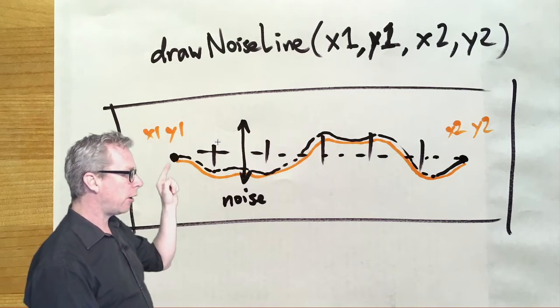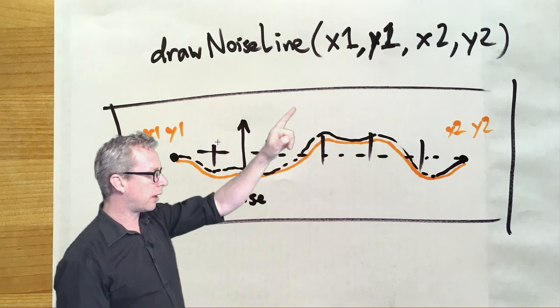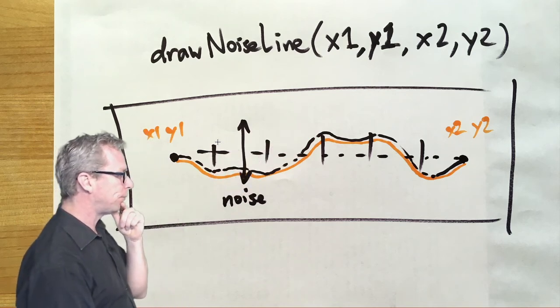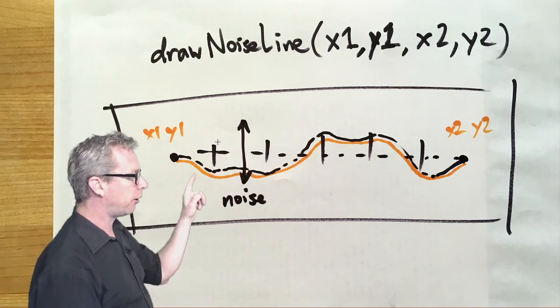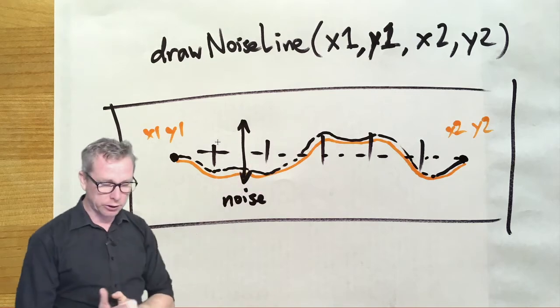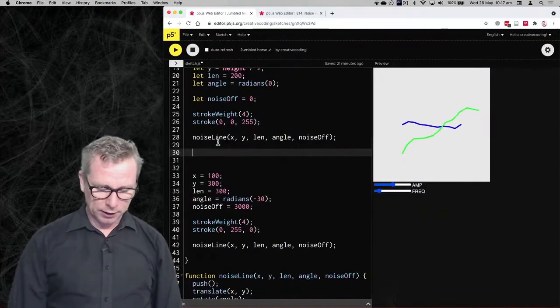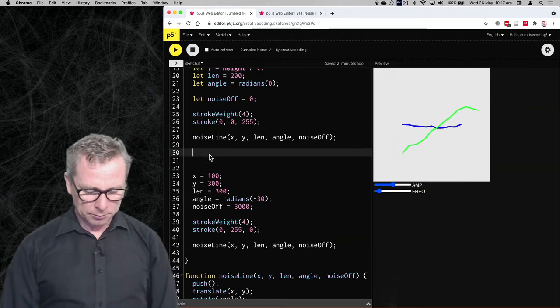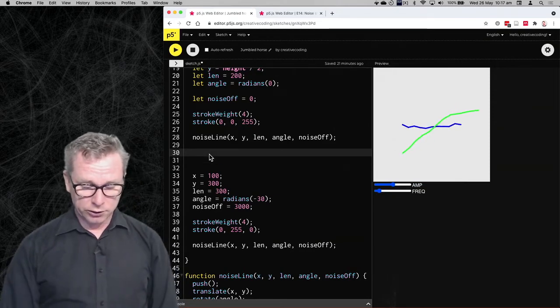But then how do you figure out the angle from that first one to that second one? That's a little bit more difficult. And then how do you figure out how long it is between those two? So you do need to do a little bit of maths to figure that out. But one way you can do it is actually just use a p-vector.